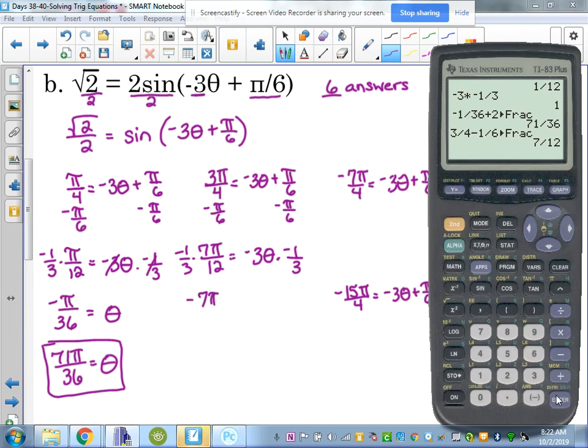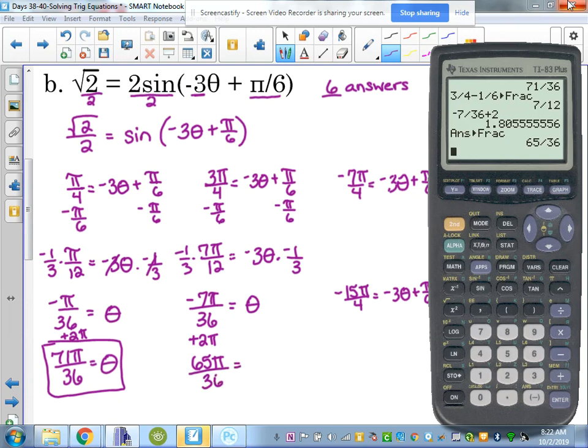That's negative 7 pi over 36, which is equal to theta. We don't want the negative, so we got to add 2 pi. Well, I should have written that there. So that gives us 65 pi over 36. Okay, so that's 2 out of our 6 answers.